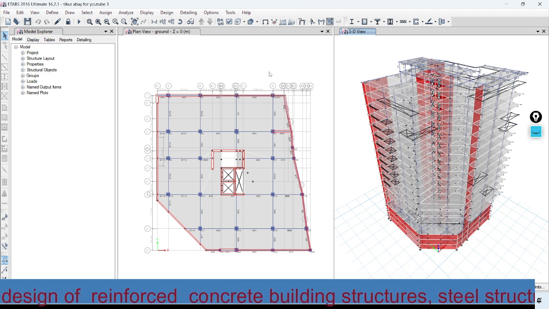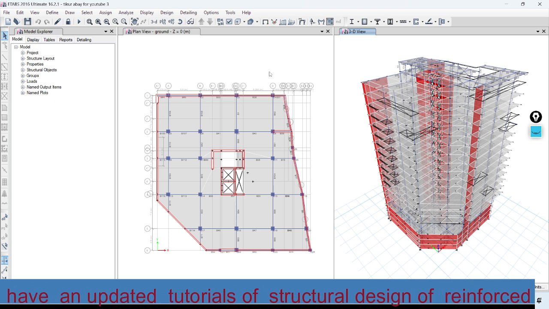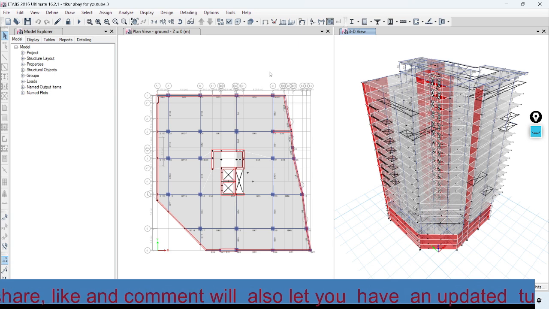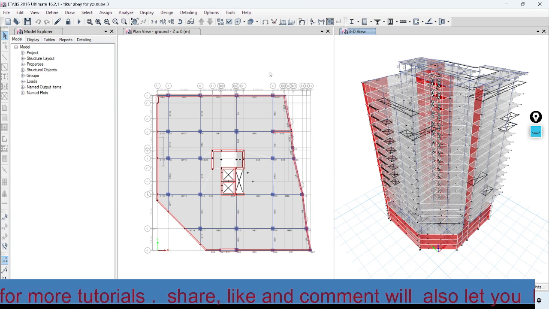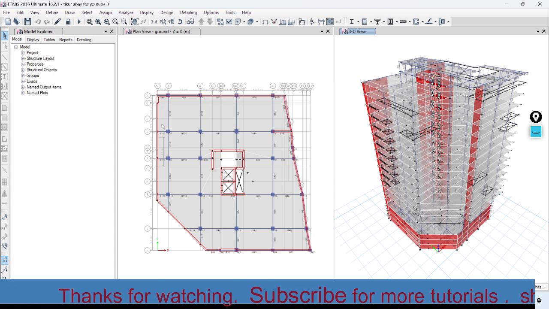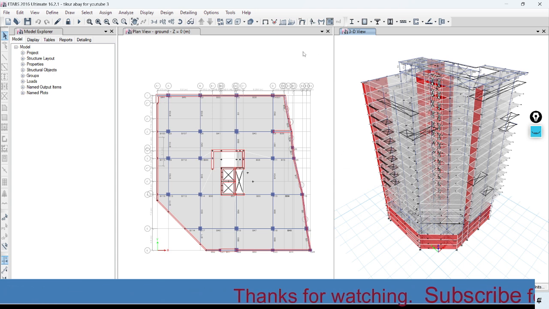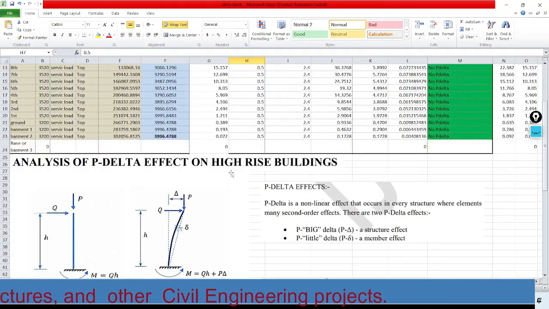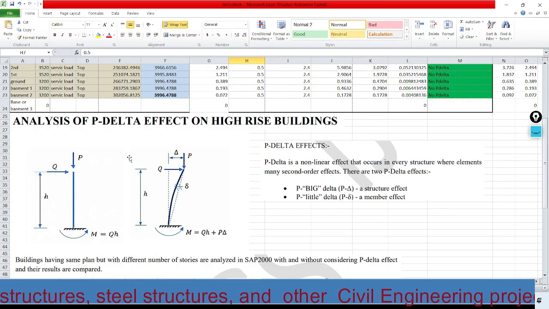Now let me proceed to today's tutorial, which is the checking and analysis of P delta on this 20-story building. To do this, let me first say something about what P delta means.